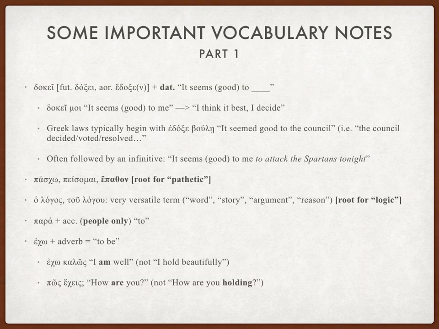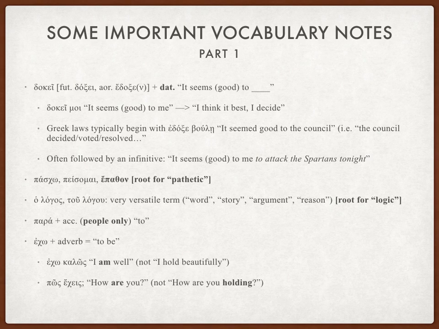Okay, so a couple more things from this chapter that are going to be important. A very important impersonal verb is dokei, which you'll learn in this chapter. Its future form is doxei, just adding a sigma, and its aorist form is edoxen. This is always in the third person singular form, and it means it seems, or really it seems good to someone.